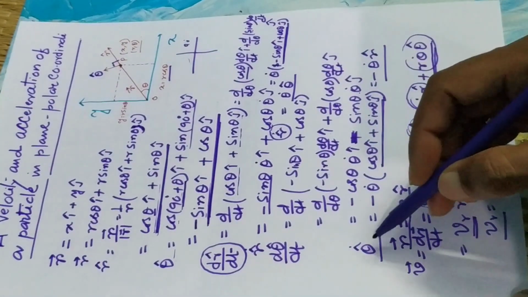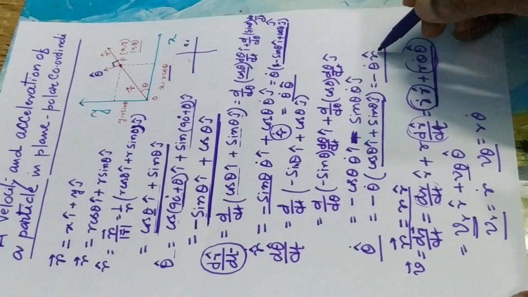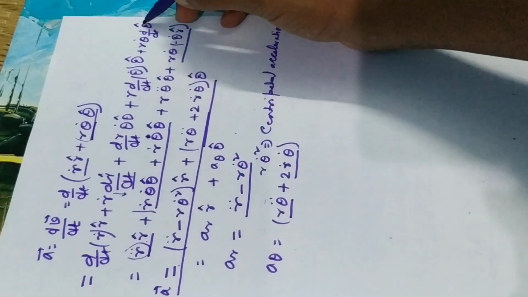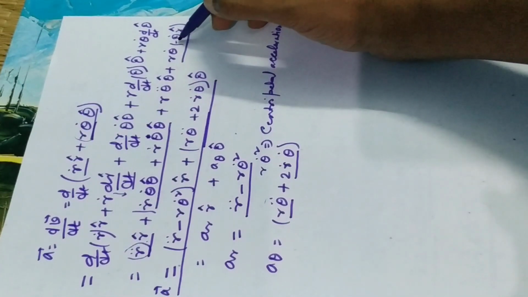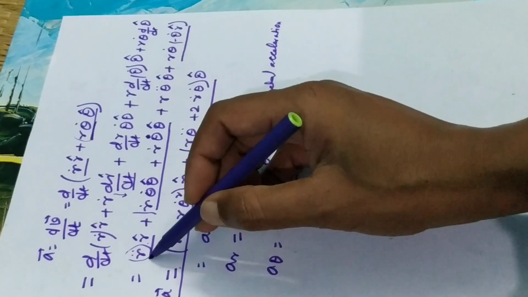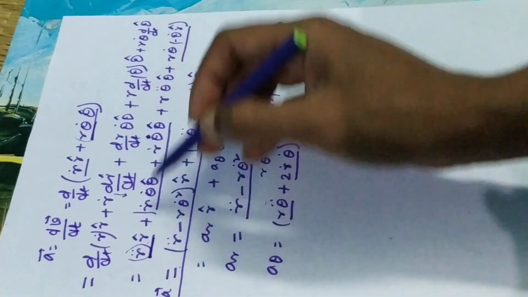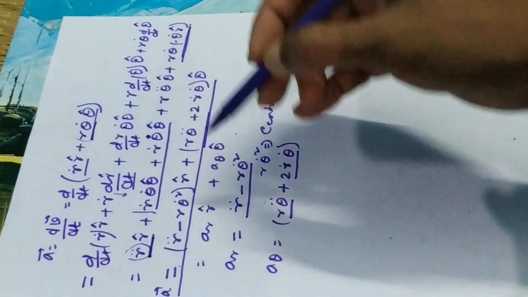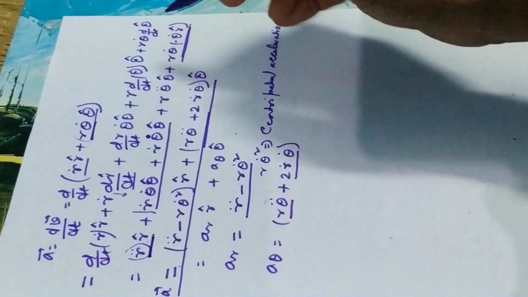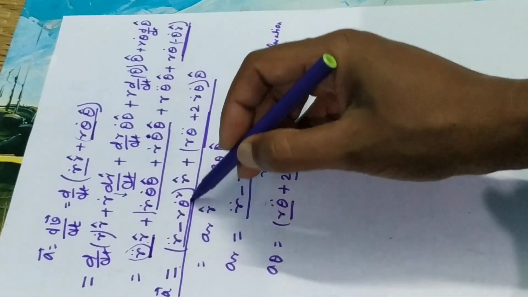I already derived the expression theta-cap-dot equals minus theta-dot r-cap, and substituting it gives minus theta-dot r-cap. So there are two terms in the direction of r-cap: r-double-dot and minus r theta-dot squared.